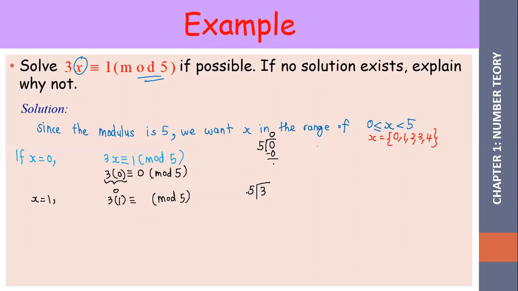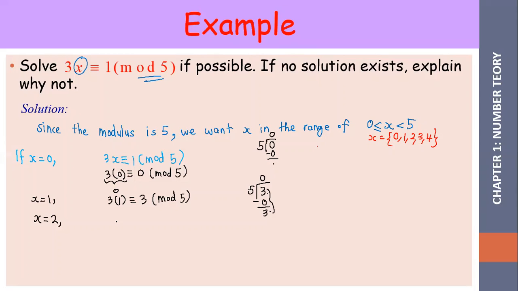Why? 3 divided by 5, the remainder cannot be negative, so the quotient is 0. 5 times 0 is 0, the remainder is 3. Can you see? When the dividend is smaller than the divisor, the remainder is equal to the dividend. So this is 3. Okay, it's not difficult.